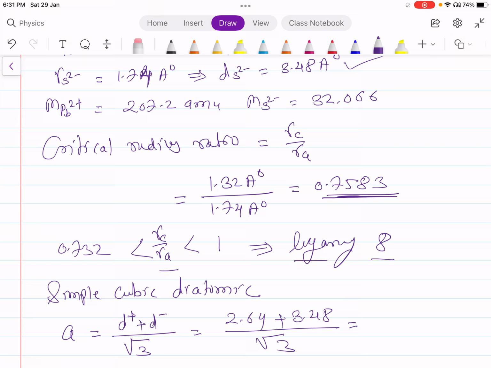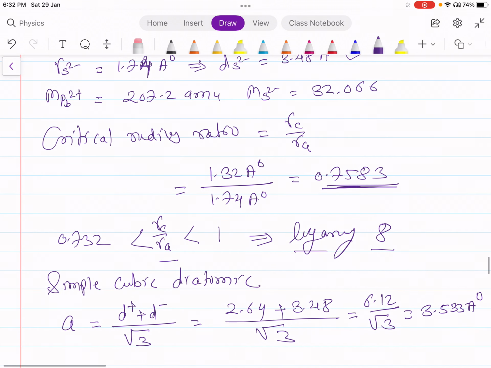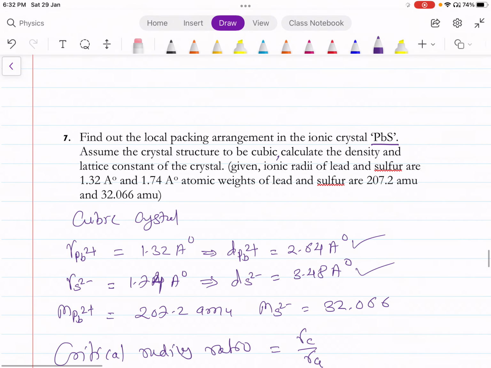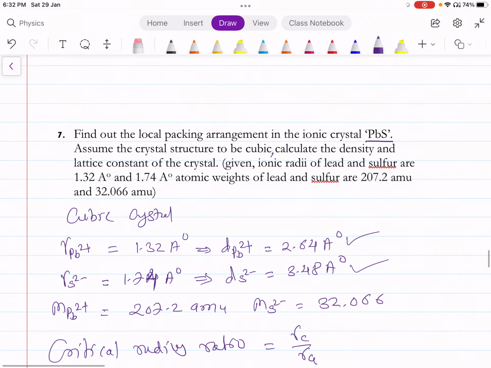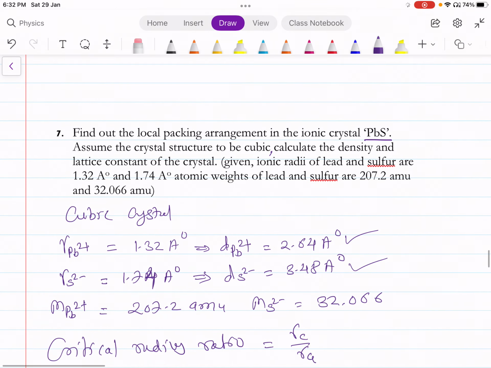That is equal to 6.12 divided by root 3, and that is equal to 3.533 angstrom. So we got the lattice constant. What we have to find is lattice constant and density.